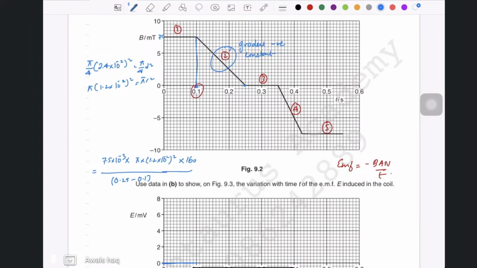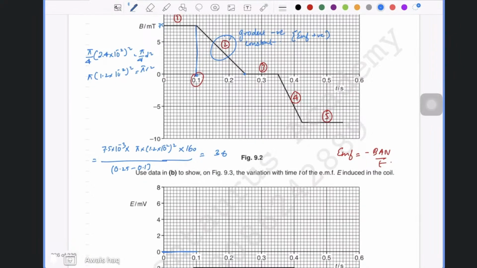3.6. So if the gradient was negative, our EMF must be positive here. Do you guys understand? It means from this point to 0.25, you have to make a positive line of this value.